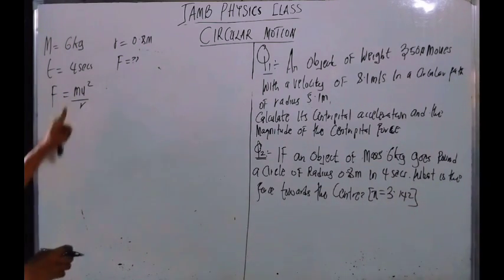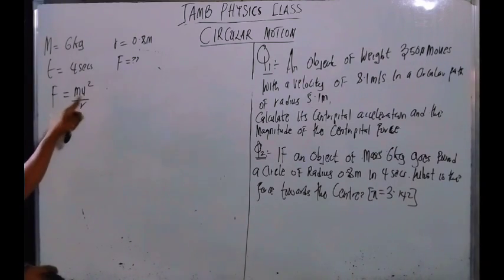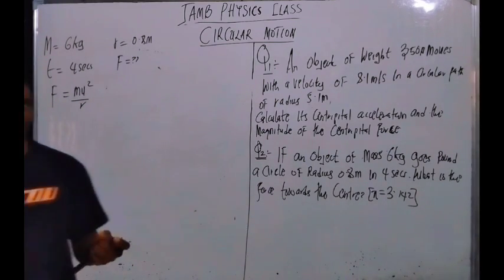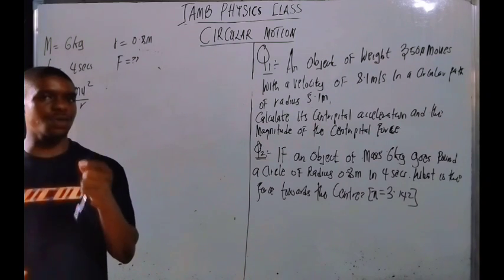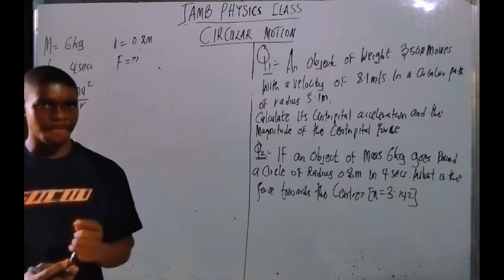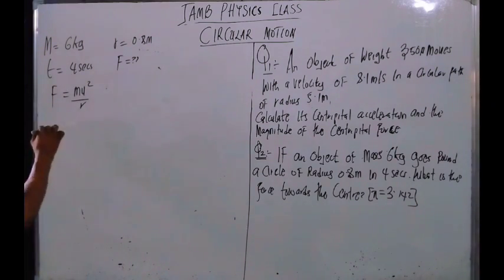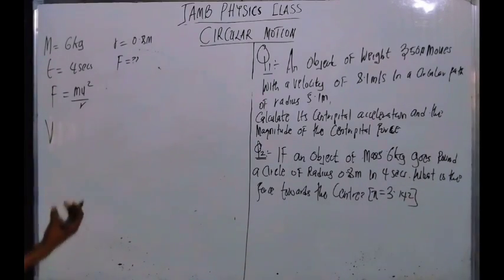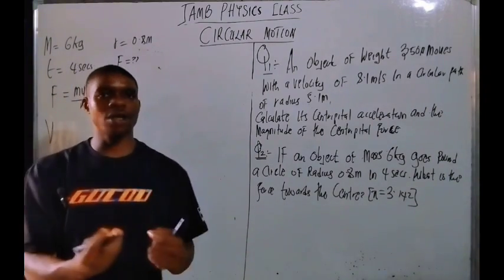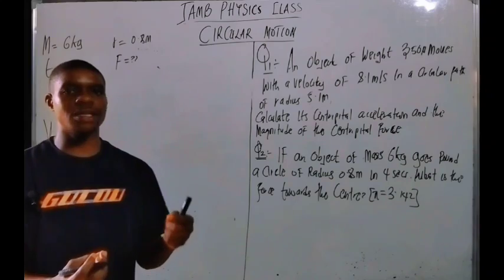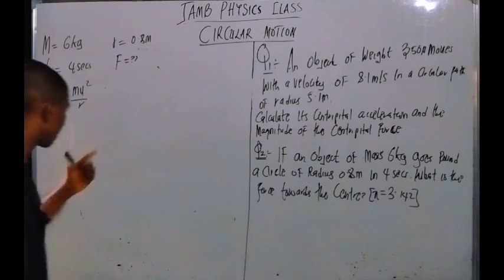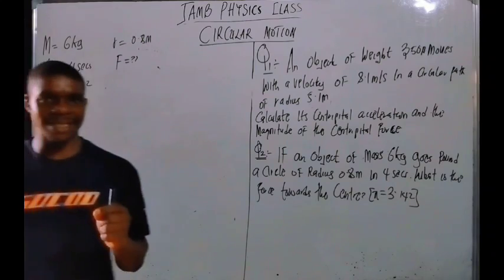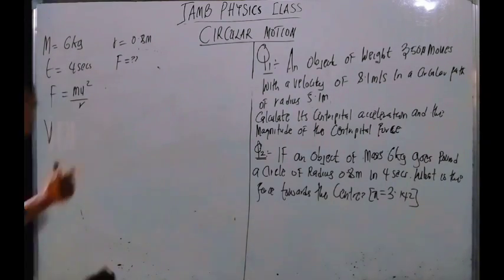If you check very well, we know the mass and the radius, but we don't know our velocity. So the question is how do we solve for v? Remember, v can be either the speed or the velocity.